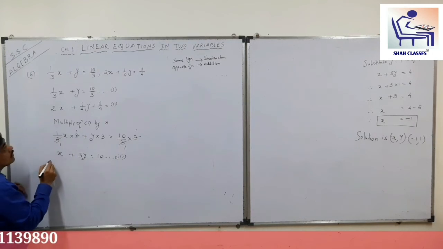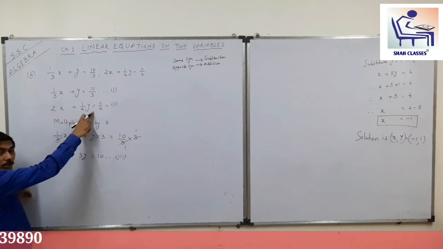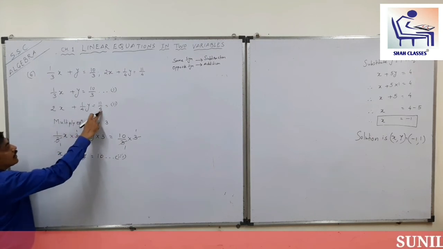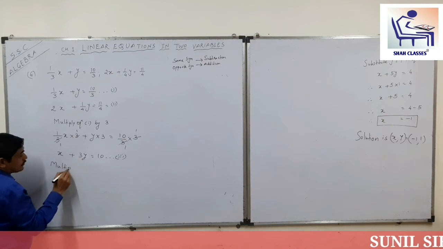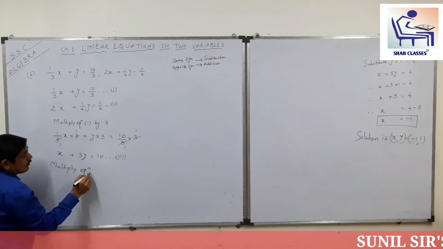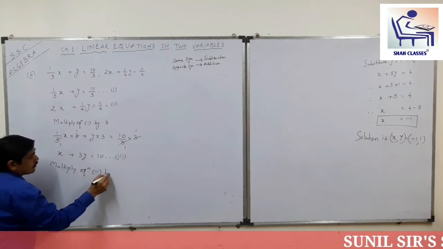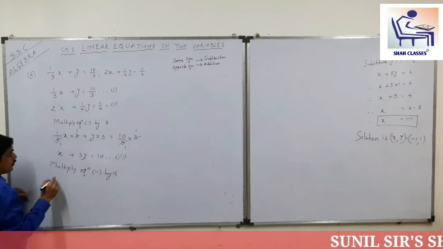Now in equation number 2, we will multiply by 4. So multiply equation 2 by 4.